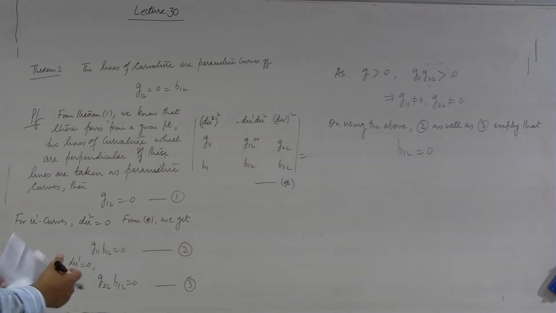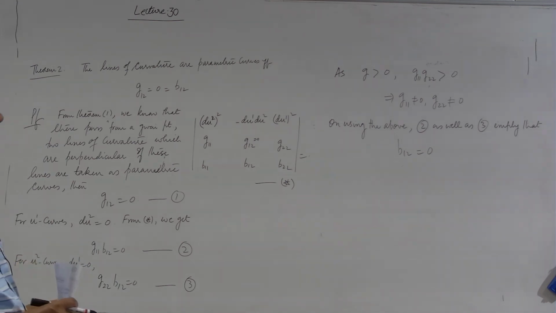Now, conversely, if you have only g12 and b12 are 0, you are given, then you should show that these curves along which these two things are 0 are nothing but parametric curve as well as lines of curvature.